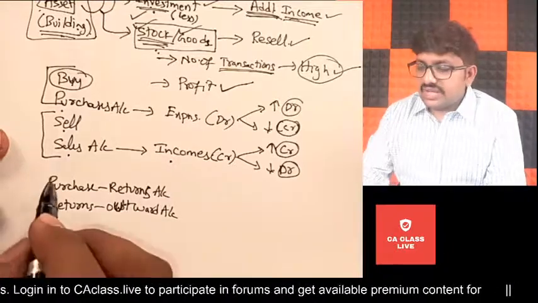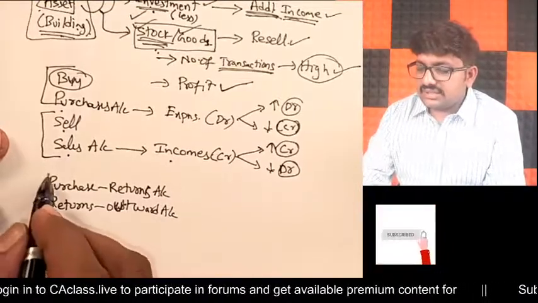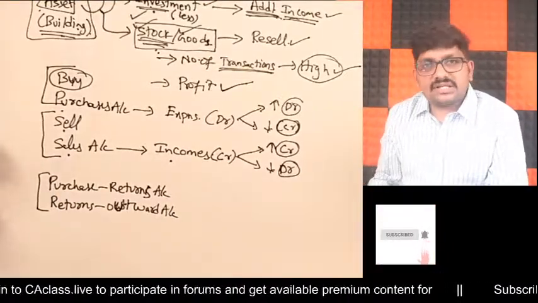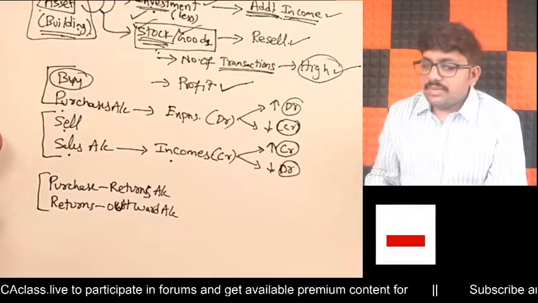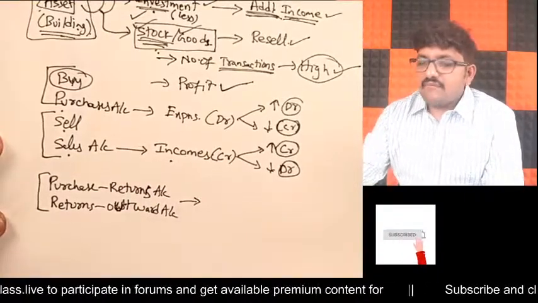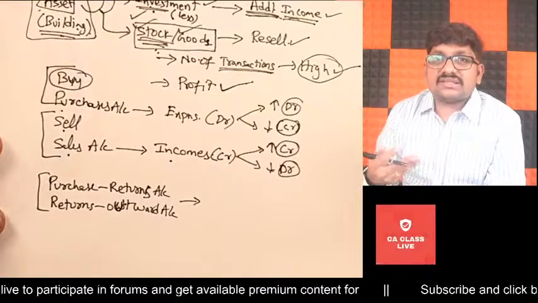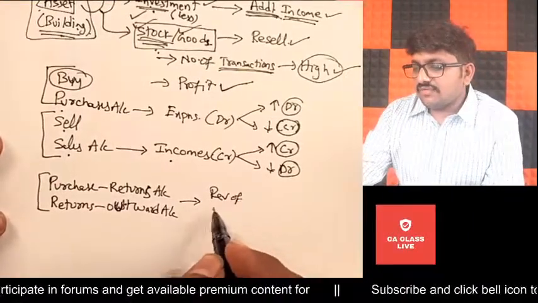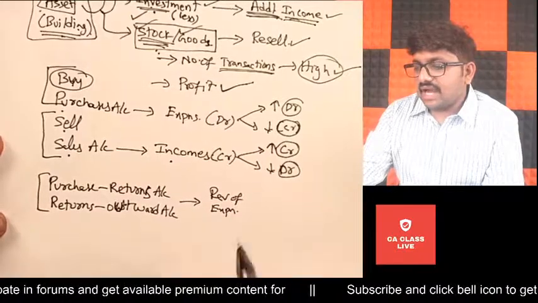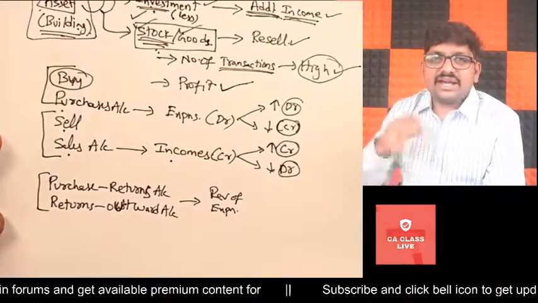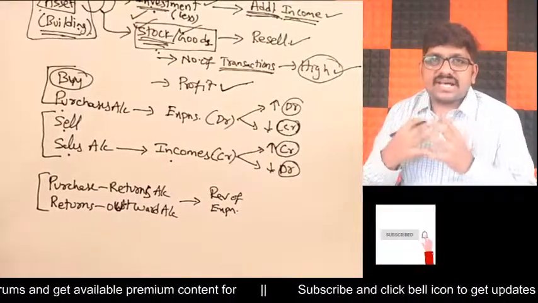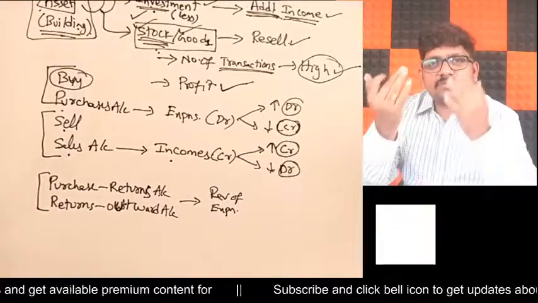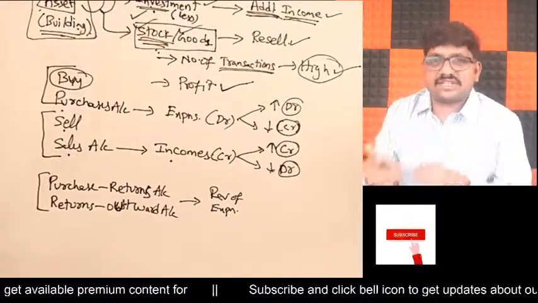So two ways you can take it, this or this, anything is fine. Either you can take it as purchase returns or returns outward. When purchase is part of expenses, purchase returns is the reverse of expense. I will say reverse of expense, I will not say it as income, because when you purchase, it is your expense. When you give back, your expense will decrease.